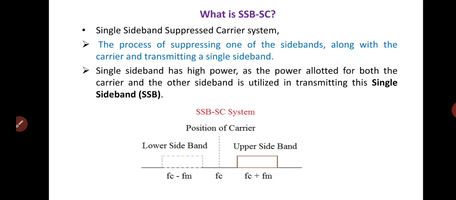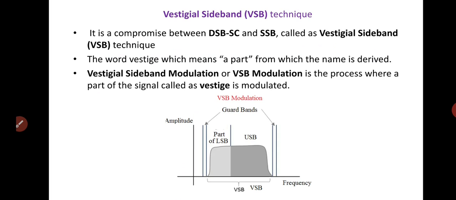Automatically, noise gets filtered, since the SSB signal requires less bandwidth than amplitude modulated signals or DSB signals. Naturally, there will be less noise associated with it. So the single sideband has high power, as the power allotted for both the carrier and the other sideband is utilized in transmitting the single sideband.